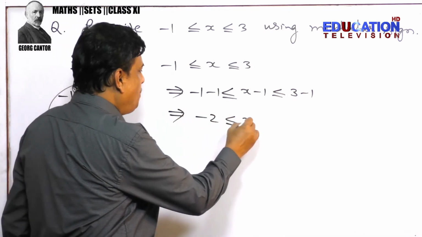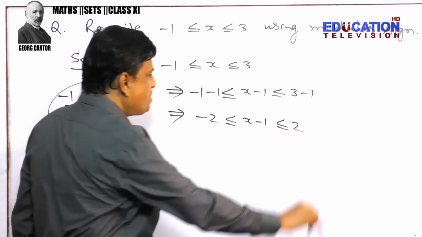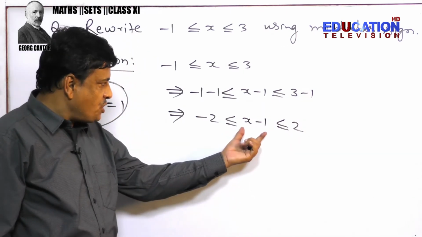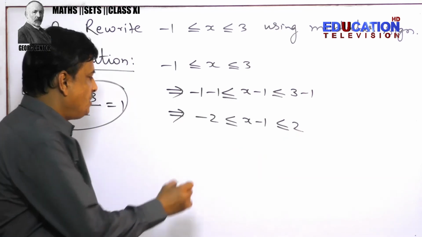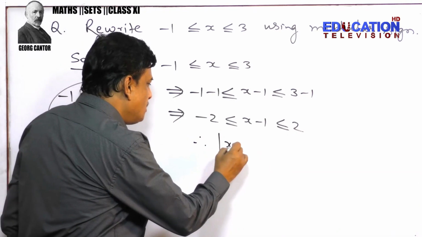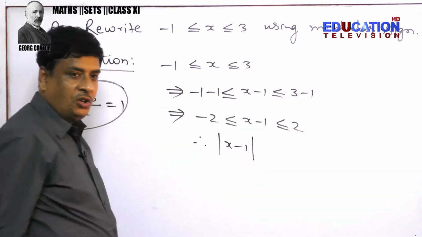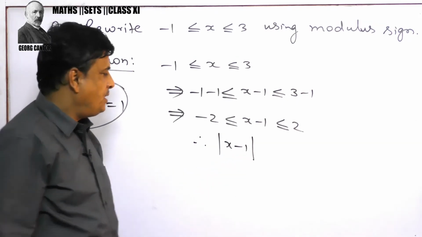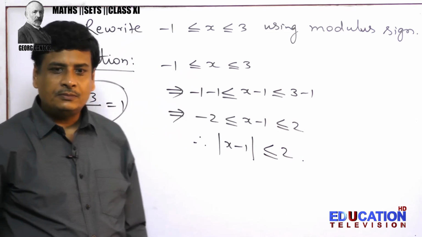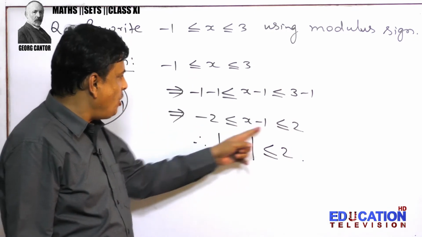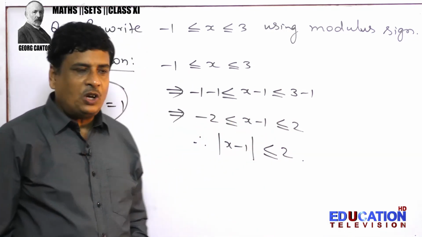Minus 2 is less or equal to x minus 1, less or equal to plus 2. So x minus 1 is greater or equal to minus 2, less or equal to plus 2. Therefore, modulus of x minus 1 is less or equal to plus 2. This is the way of making the same number on both sides.